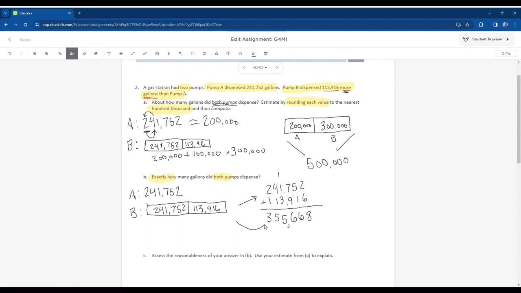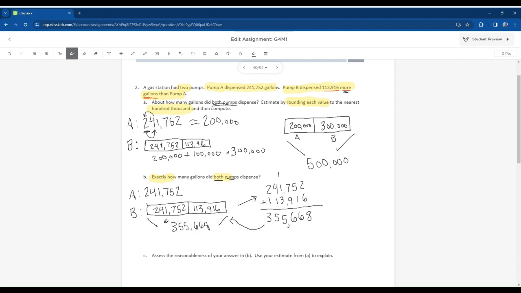Again, that is just the amount in pump B. So in pump B, there were 355,668 gallons dispensed. Now we need to figure out how many both pumps dispensed. So pump A and pump B. All this work here was just figuring out how many gallons were pumped out by pump B.